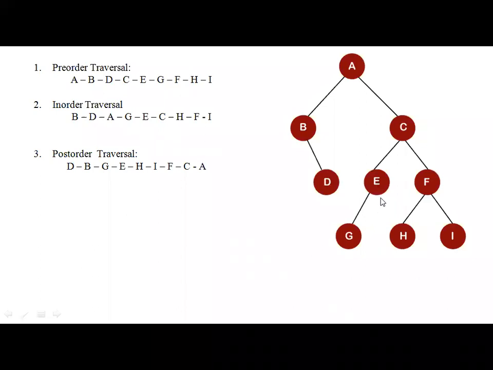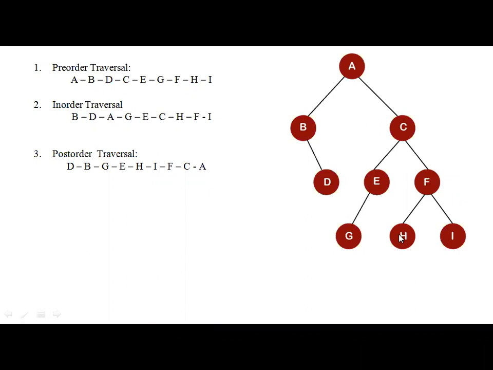Then go to its right. There is no right here. Now come back to E here. Now see, this E is a left child of C now. So that means left over, then the root you should visit. So C is the root now. So immediately write onto the output. Left, root, again right. Go to the right child. Okay, so again this becomes a root node. So you should not visit immediately. So go to its left child.